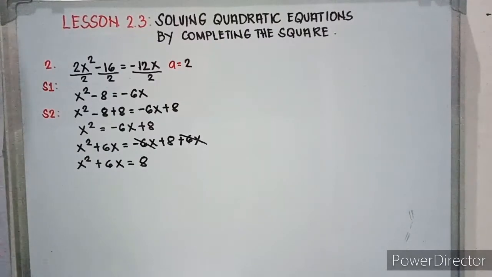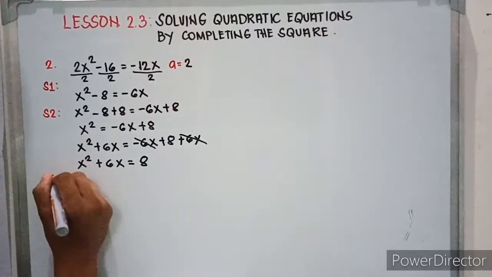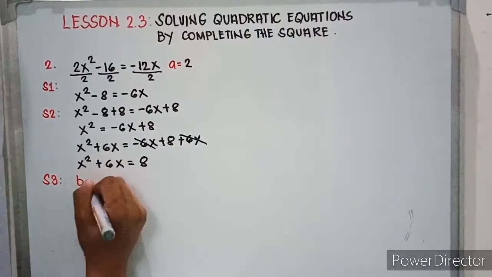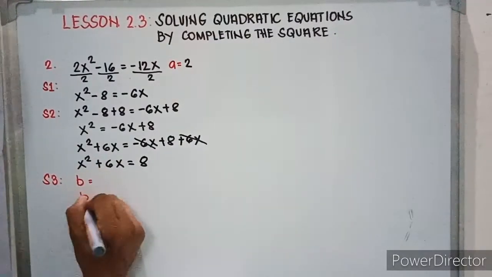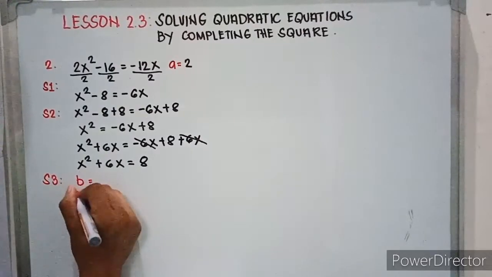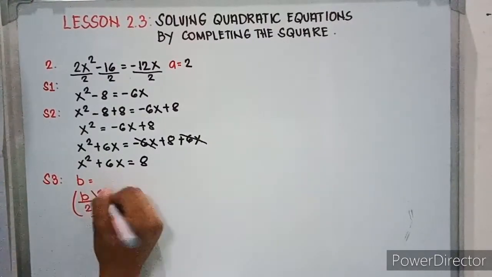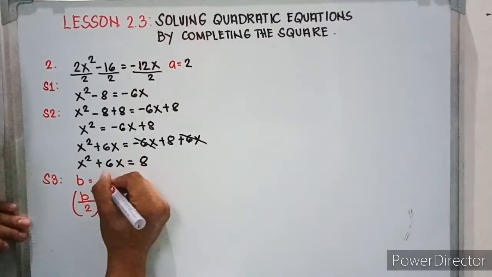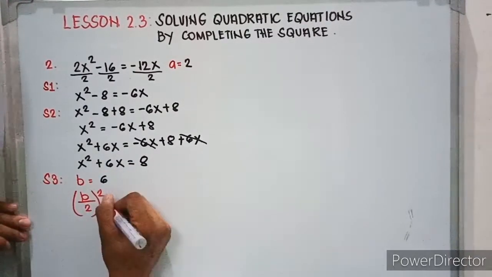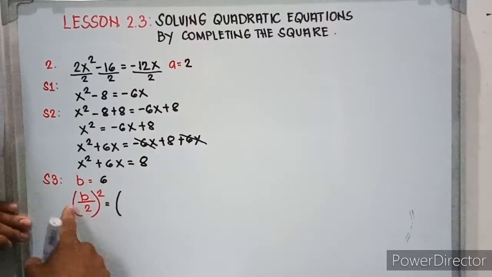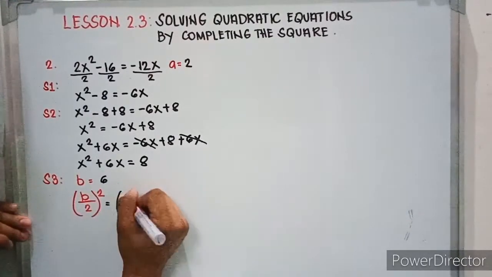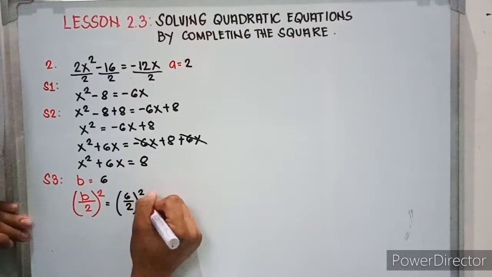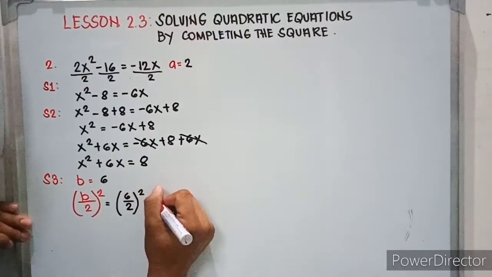So for our step 3, okay, get the value of b, and then gagawing b over 2 squared. So that will become, so our b is 6. So this is equal to, our b is 6, so 6 divided by 2 squared. So that is 6 divided by 2, that is 3.